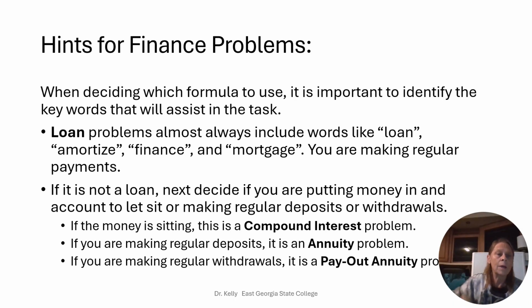Blank page. Blank page. I thought I needed more room, but I made it all happen on that one. Just intentionally blank. Okay, so here's some hints for you for these finance problems. When you're deciding which formula to use, it's really important to identify the key words. If it straight up says the word loan, you got it. Lock.